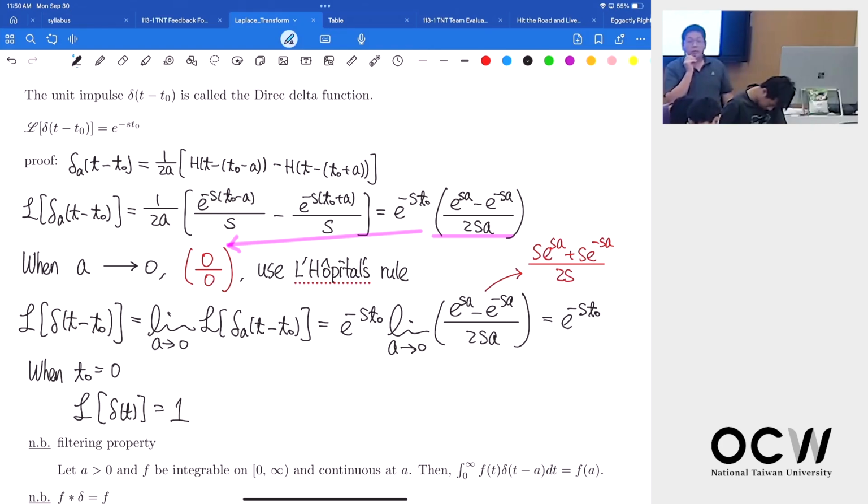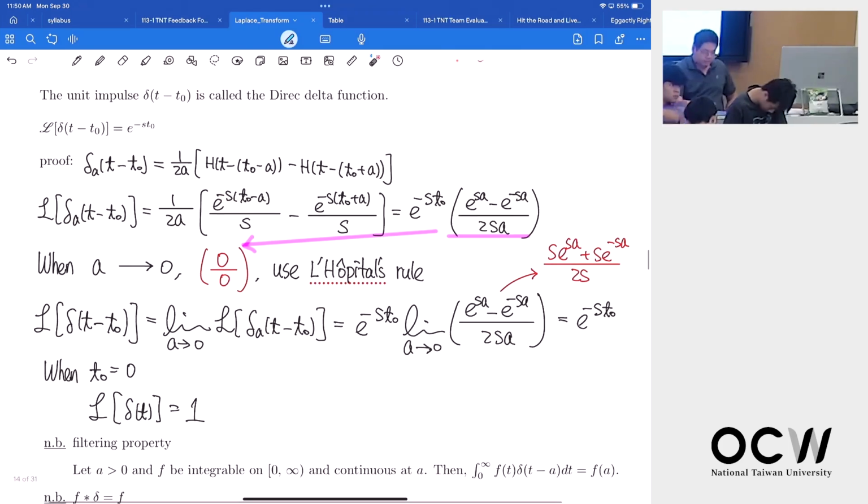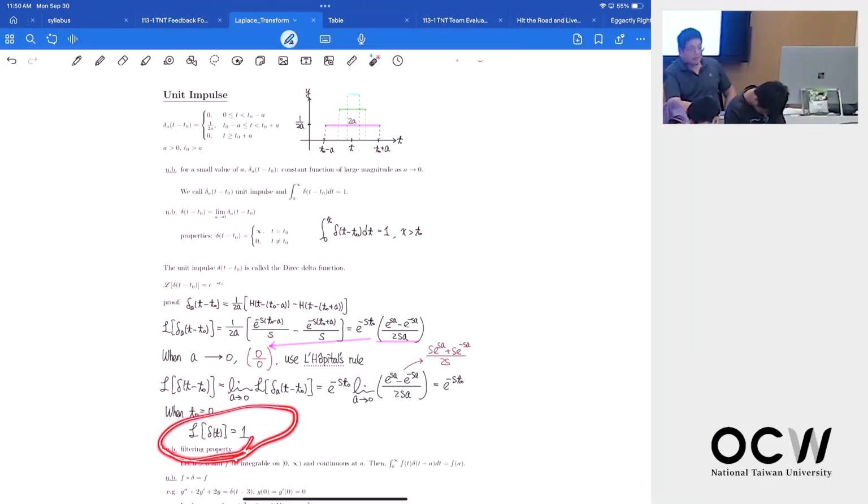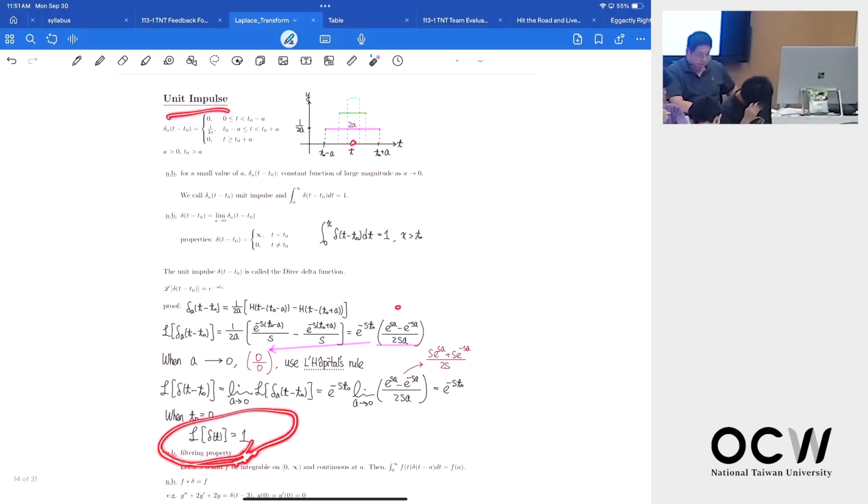All right, any questions so far? This just gives you the reason why the Laplace transform of the delta function is 1, and also the definition of the unit impulse.